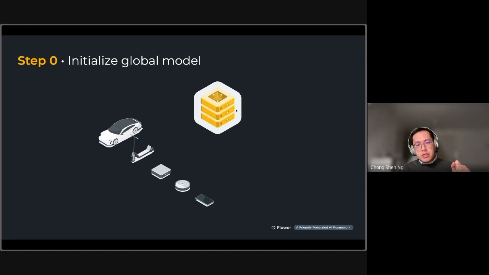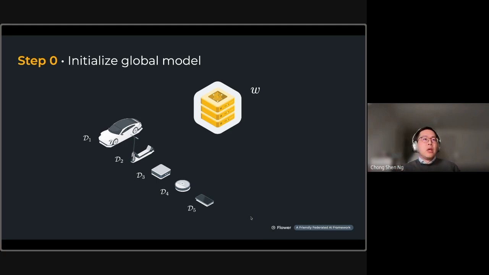There is a central server that handles the coordination of the model, which I will talk about more later. So step 0 is to initialize the global model. You have the data sources D1 to D5, one for each device, and you initialize the global model weights, say W.